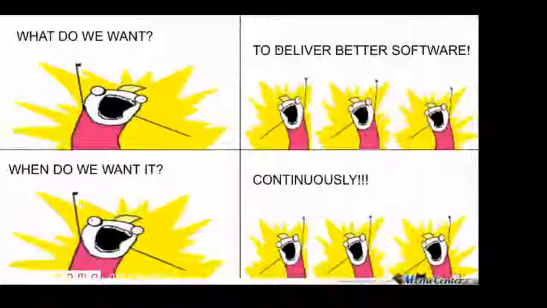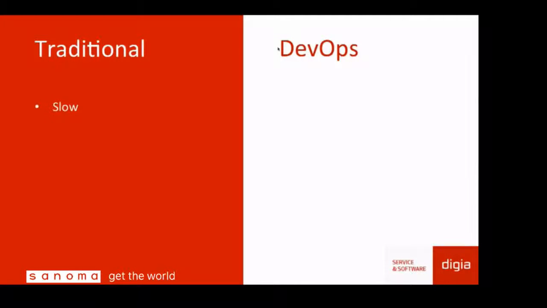If we compare the traditional model and the so-called DevOps model, these sort of continuous delivery and orchestration models, in the traditional world you do things pretty slowly. You set up servers somewhere, you configure them, you install them, and to be honest, it's a really boring job.